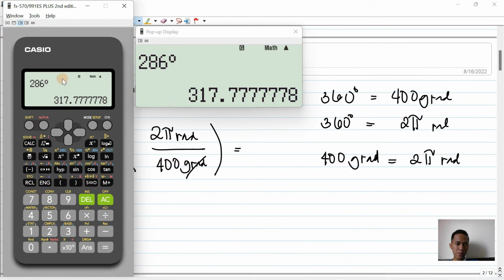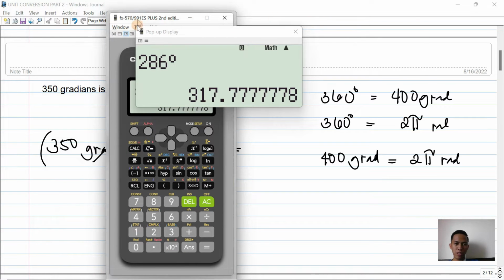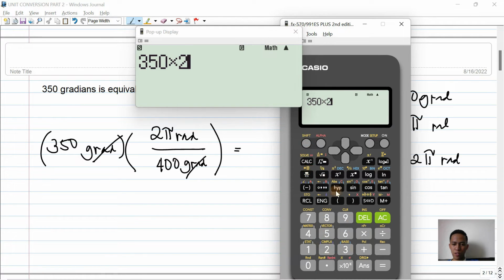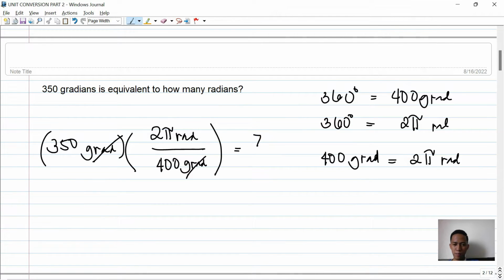So we have, compute lang natin using our calculator, so 350 times 2 pi, then equals, then divide by 400. So 7 pi over 4 radian. Okay, so that's your final answer for the second problem.